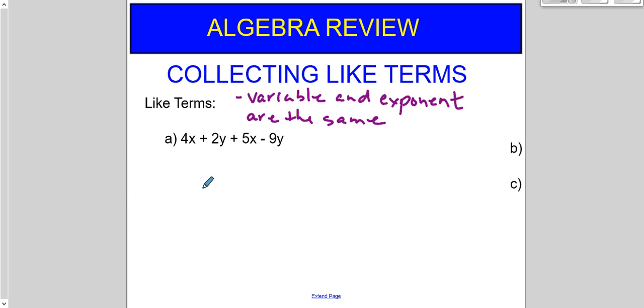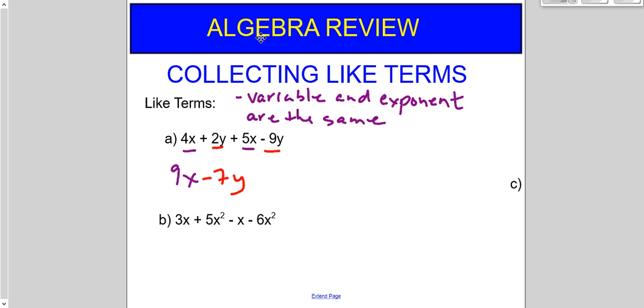So if I was taking a look at this first example, I see that I have x's here, so a 4x and a 5x, which would give me 9x. And then I have, let me just do a different color here, a 2y and a minus 9y, so that becomes -7y. So the answer to this, if I collected my like terms, would be 9x and -7y.